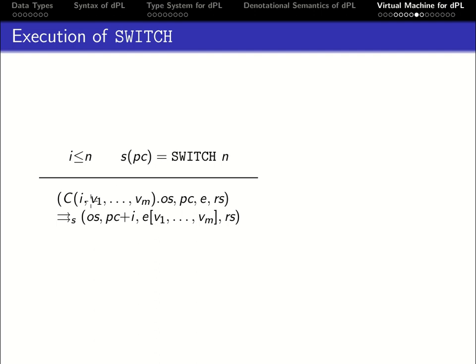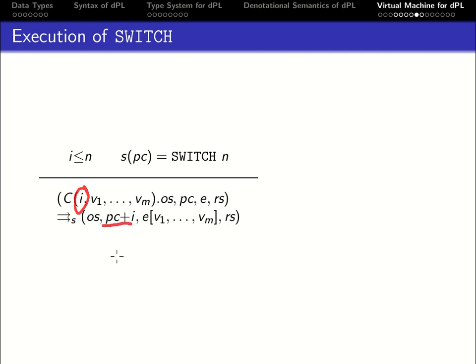Then what is going to select the branch? The branch is going to be selected by this I, because I want to jump to the clause corresponding to the ith constructor within the type. So this I is going to give me the branch. Is that clear? It's essentially a jump instruction.